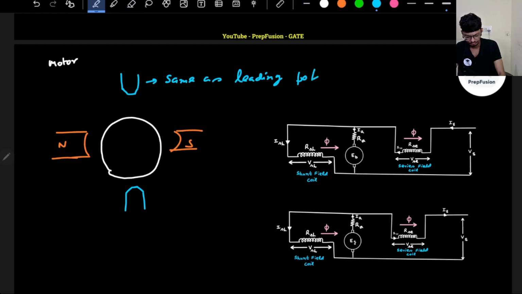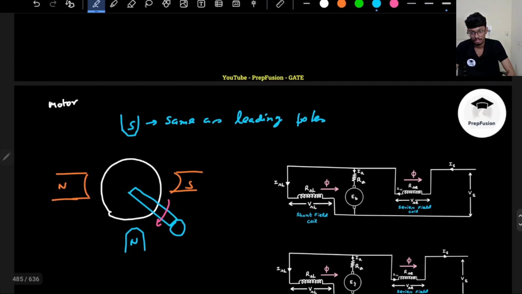If I assume that my motor is rotating in the clockwise direction, the polarity will be the same as the leading pole. So this will be south pole, this will be north pole. So this will be my interpole winding basically.